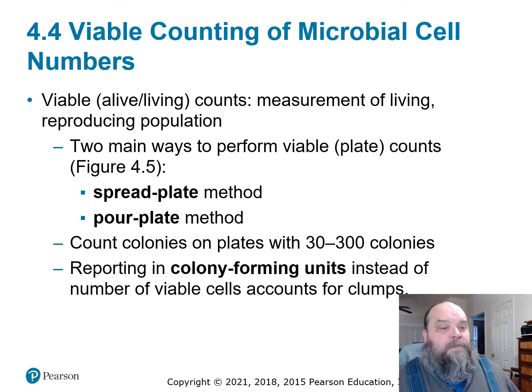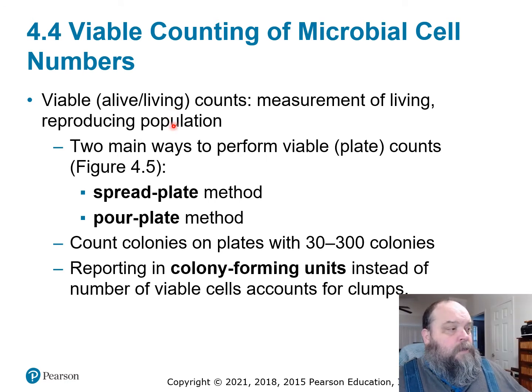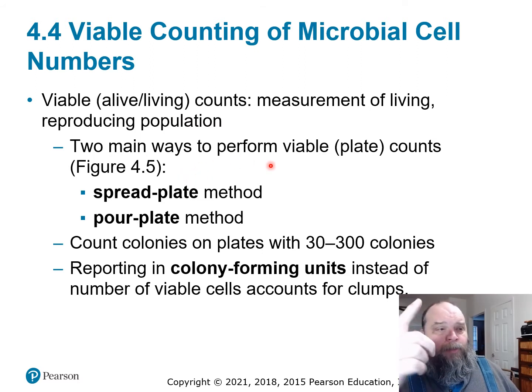A better method for counting to know what's there in a culture is what is referred to as viable counts. How many living cells are there? You do this by taking aliquots of whatever broth it is, and plating out to see how many colonies per aliquot show up.